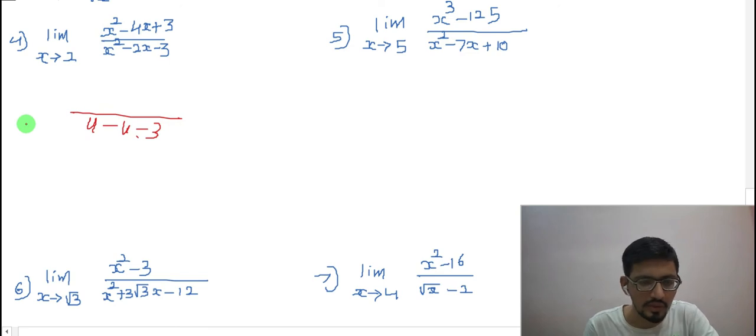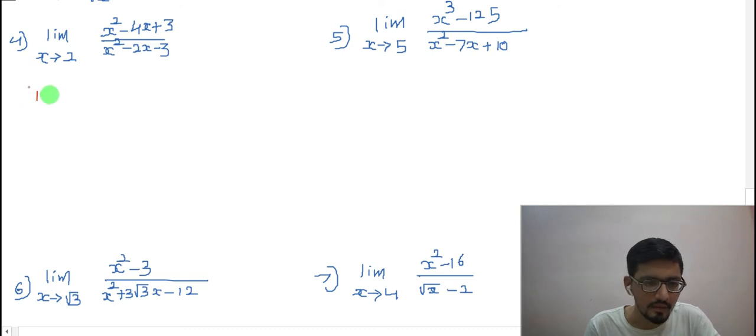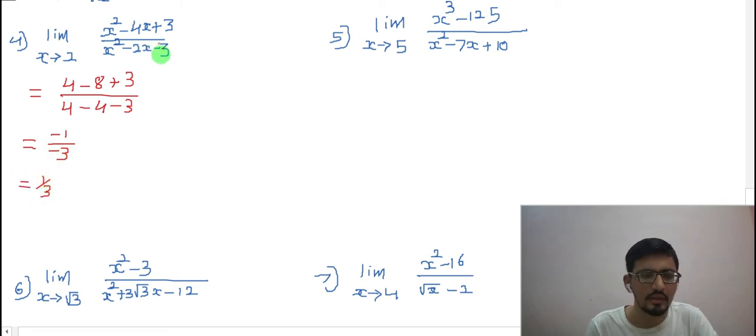I put x equal to 2: 2 square 4, 2 fours are 8, plus 3, divided by 2 square 4 minus 2 twos are 4, minus 3. So the numerator will be 4 plus 3, 7, minus 8 is minus 1, and the denominator is minus 3. So the answer I will get is 1 over 3.